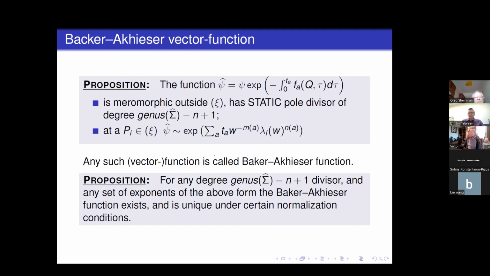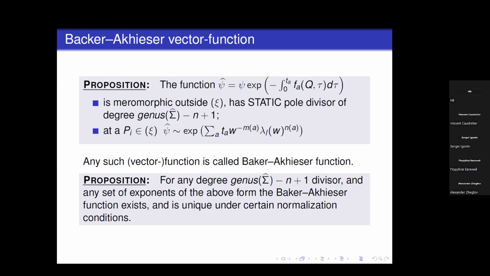Now, the appearance of Baker-Akhiezer functions is called to existence by the following wish: that the eigenfunction wouldn't have dynamical pole divisors.